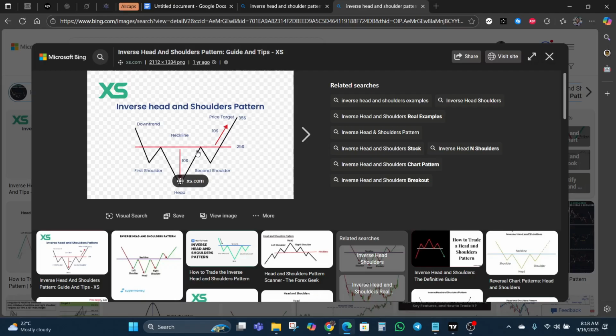The right shoulder forms when sellers try once more, but fail to push the market as low as before, showing weakening momentum. The neckline connects the highs between these troughs. You can see the two highs between these troughs is what forms the neckline. And the break above this line is where many traders look to confirm the reversal.